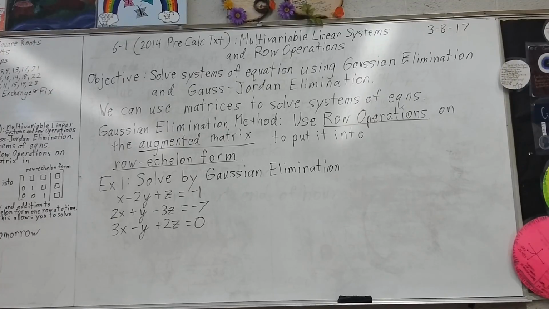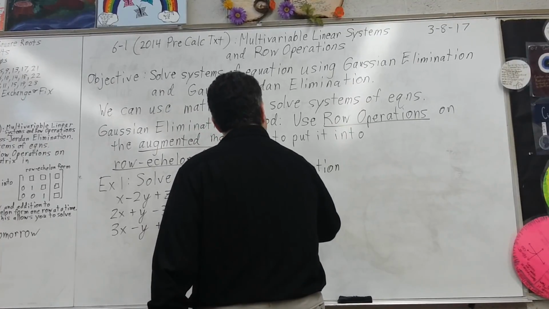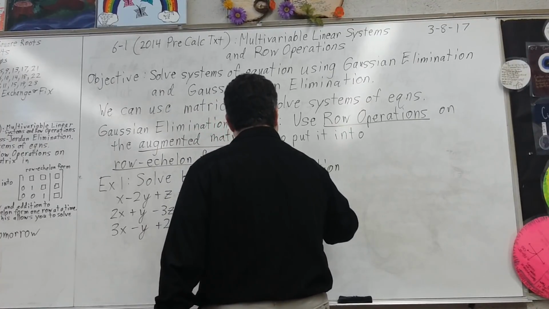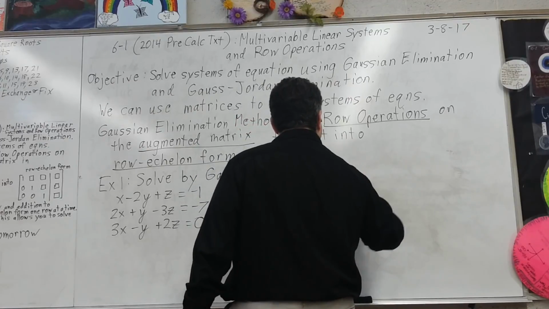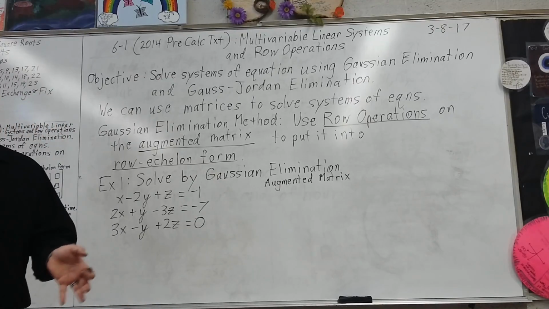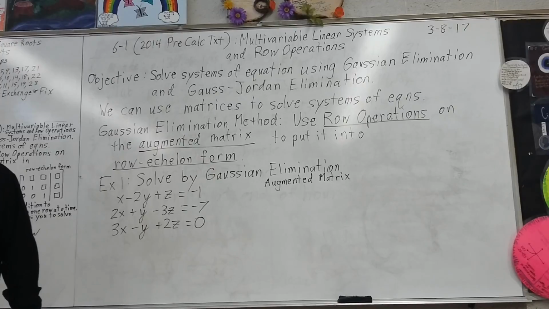Are we not going to define these things first? I'm going to define them as I work through the strategy for doing this, because the strategy and the vocabulary fit together. Okay? So the first thing we have to do is create the augmented matrix. I'm going to show you what the augmented matrix looks like, and I think it'll be pretty self-explanatory.